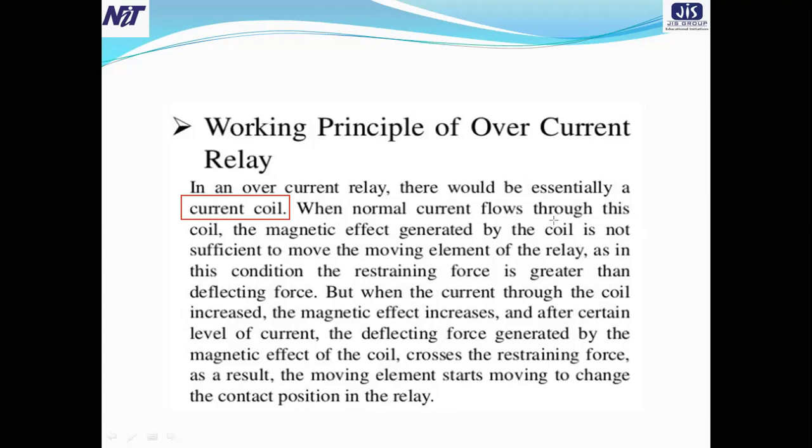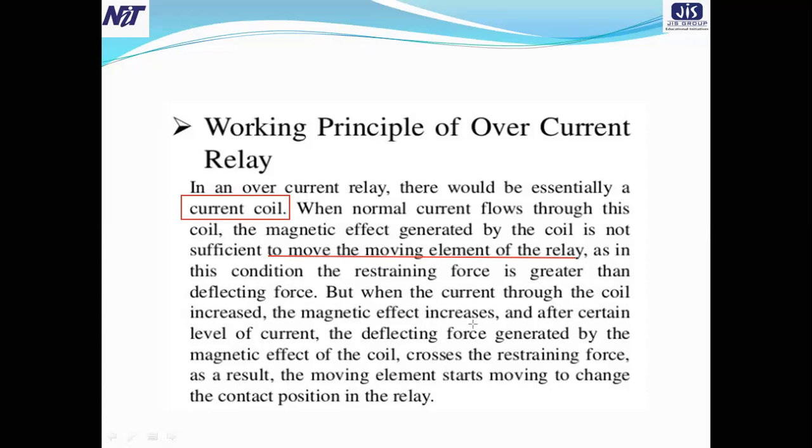If everything is normal and no excessive current is flowing through the conductor, then the coil is not sufficient to move the moving element of the relay, as in this condition the restraining force is greater than the deflecting force. So when everything is normal, this condition holds inside the relay.